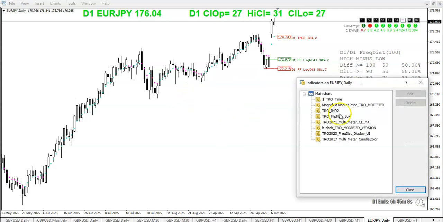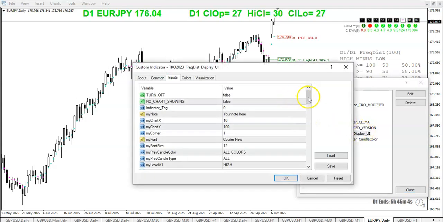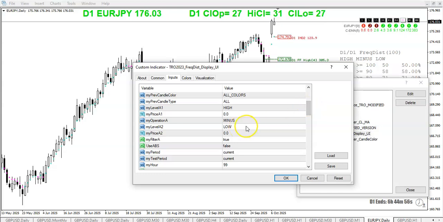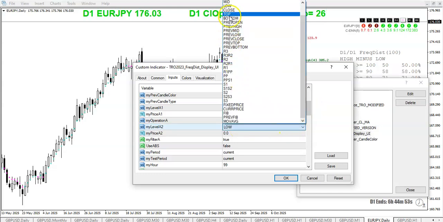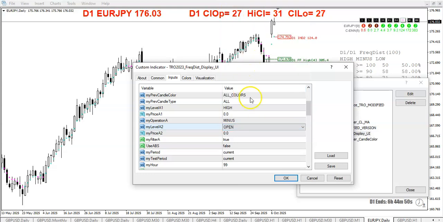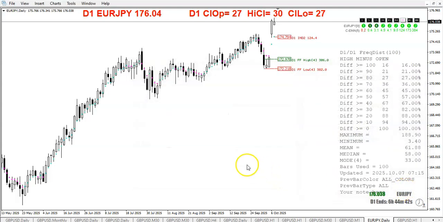So if that's the case, and I hope it is, let's start by looking at high minus the open. How far does it go from the open upward? Greater than 0, 100% of the time. Greater than 10, 94%. Greater than 20, 88.